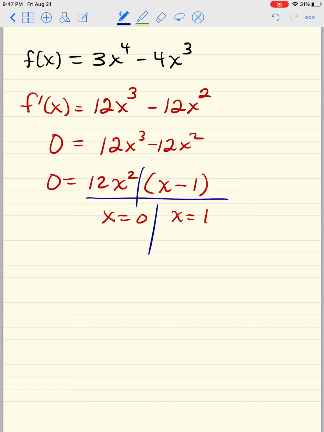So you set each piece equal to 0, and you get x equals 0 and x equals 1. So therefore, the critical numbers are 0 and 1. Okay? So critical numbers are where the derivative is equal to 0 or the derivative is undefined.